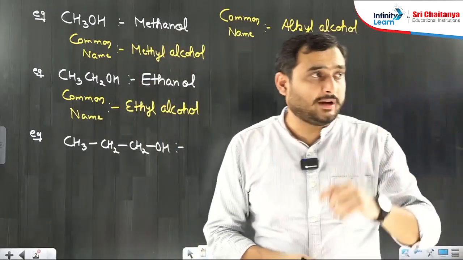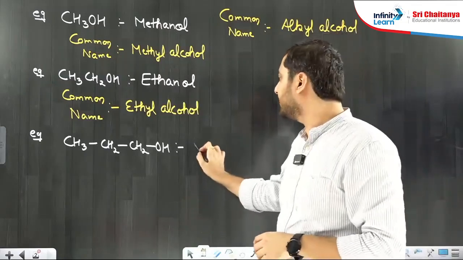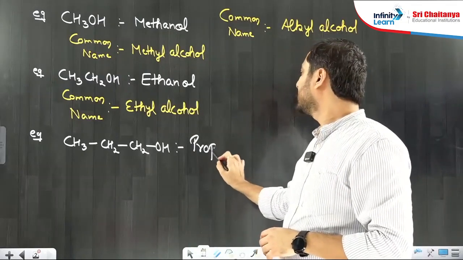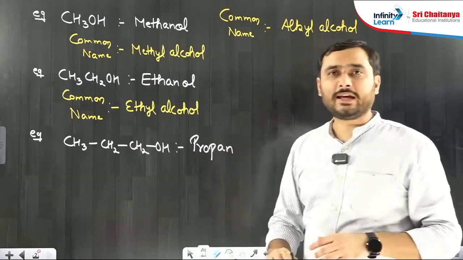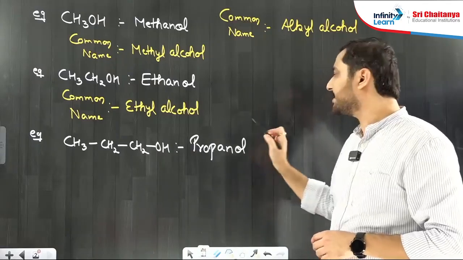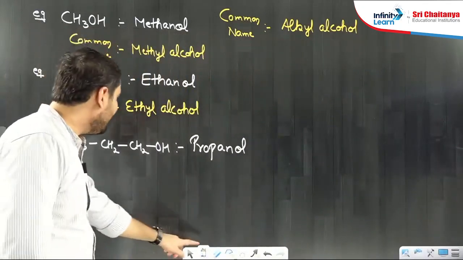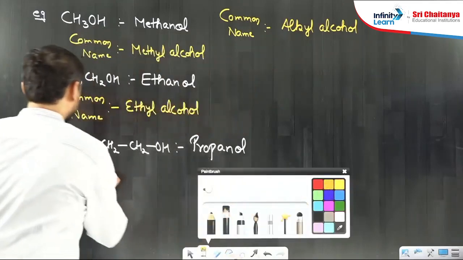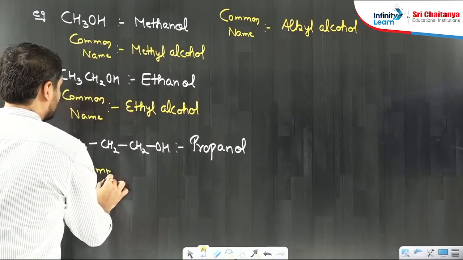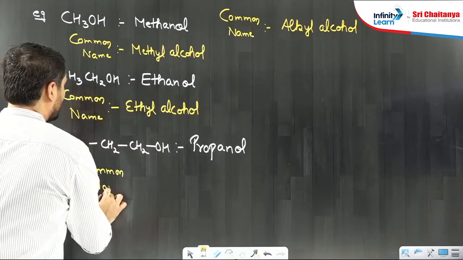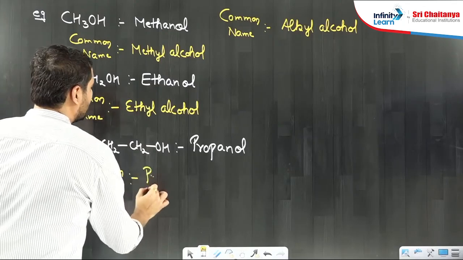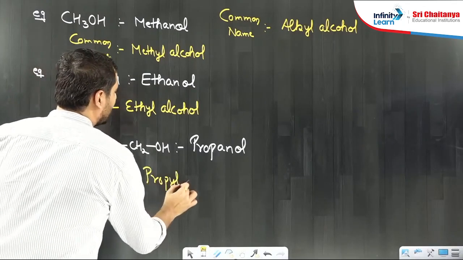What is the name? Propanol. Very good. For 3 carbon atoms, what is the word root? Prop. Now what is the primary suffix? Ane, and it ends with the secondary suffix ol. So the name of the compound is propanol. And the common name for this compound is propyl alcohol.